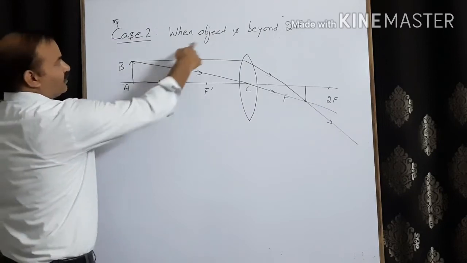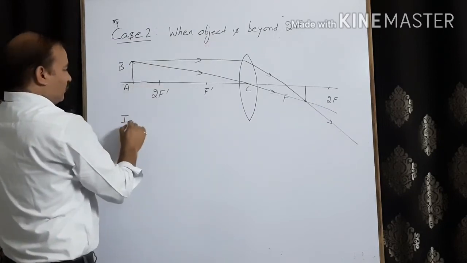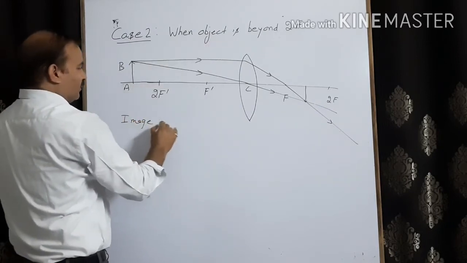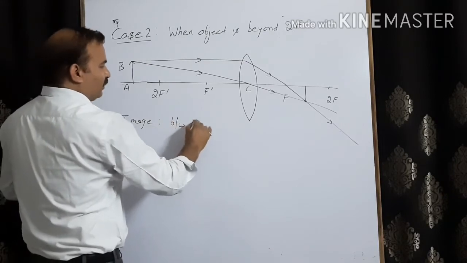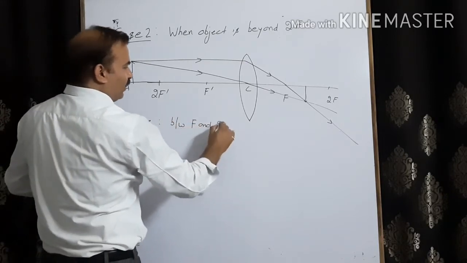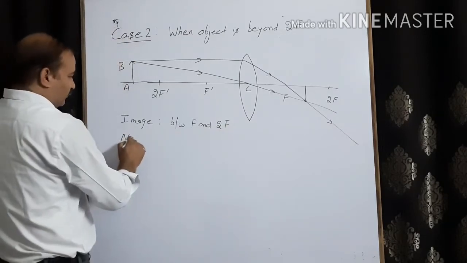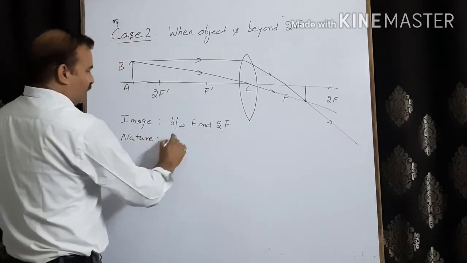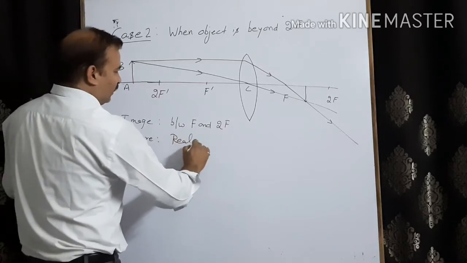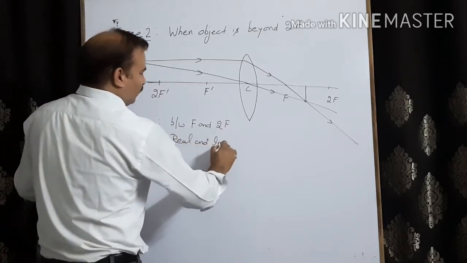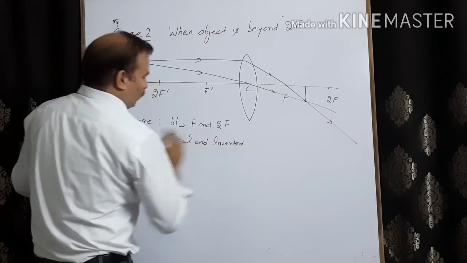Now, the object is beyond 2f, and the image is between f and 2f. If we talk about nature, it is real and inverted.